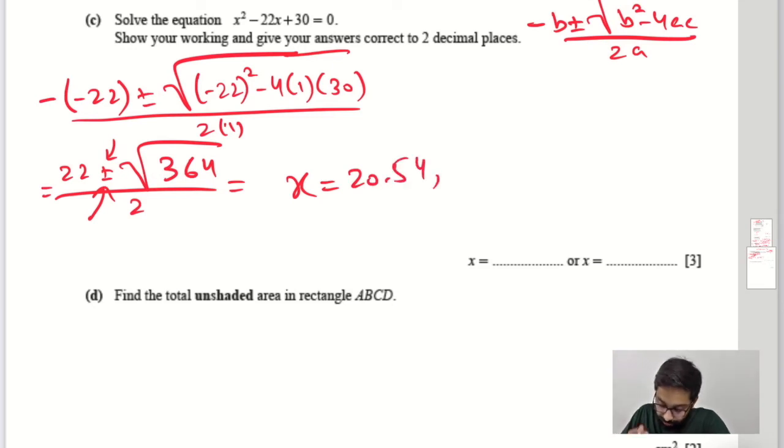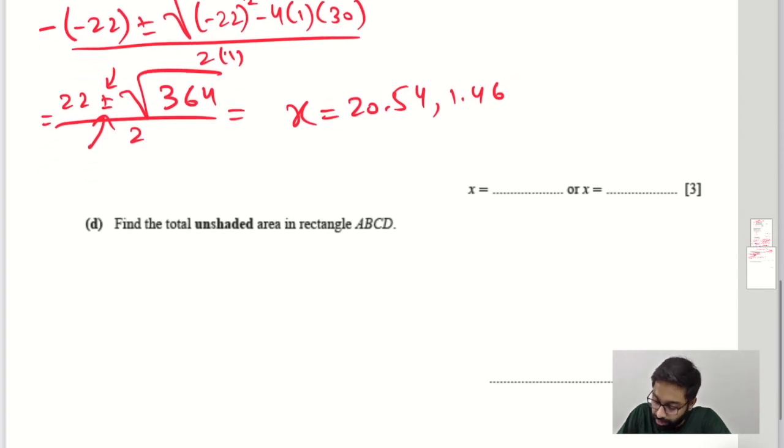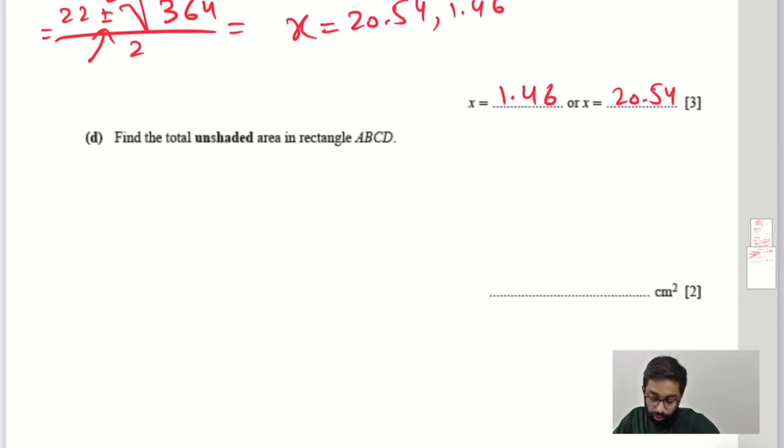And the other value of x, which is solved for the negative sign in the middle, is 22 minus under root 364 divided by 2. It gives us 1.46. So let's write the values over here. 1.46 or 20.54.